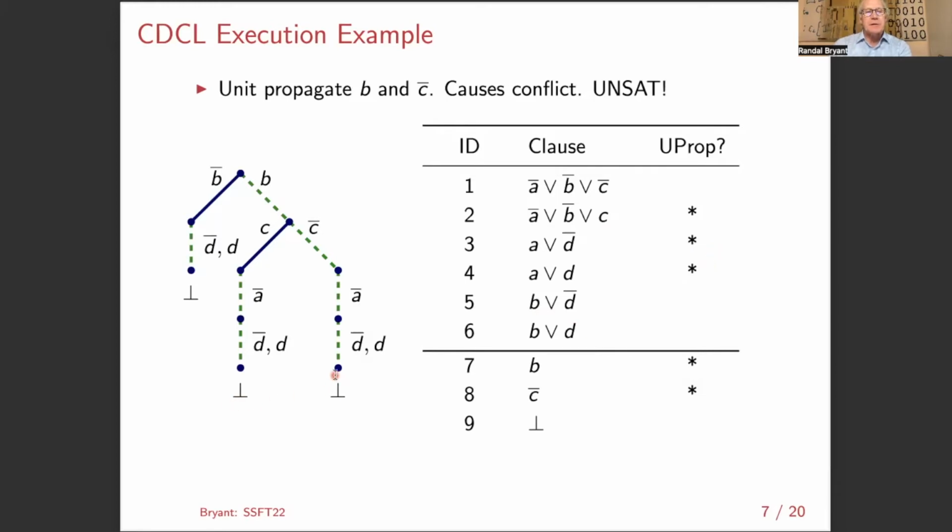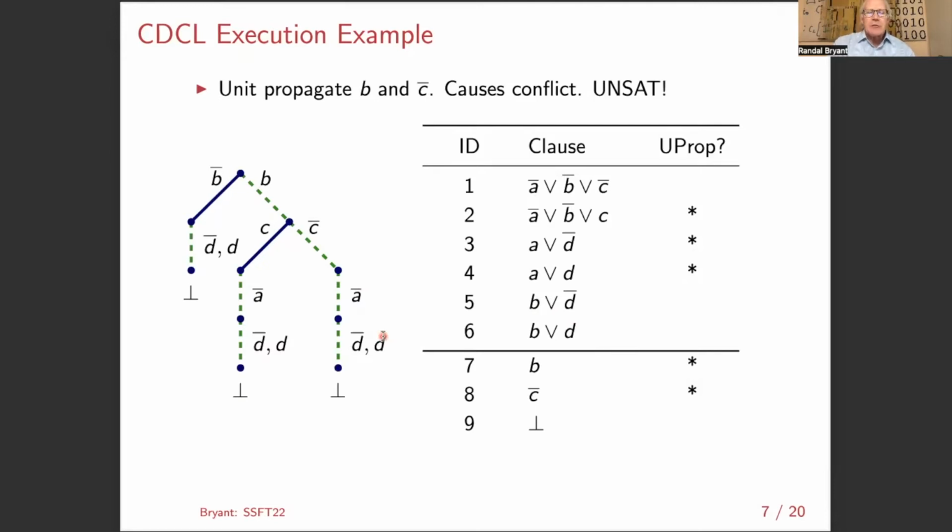So that will immediately give me a conflict. And you can see then I've made my way through with all pure unit propagations through this augmented formula and gotten a conflict. And therefore, I can reliably say that this formula is unsatisfiable. So that's how CDCL works.